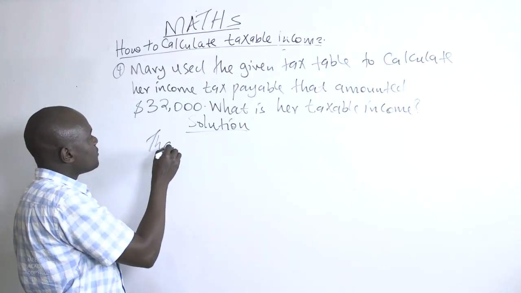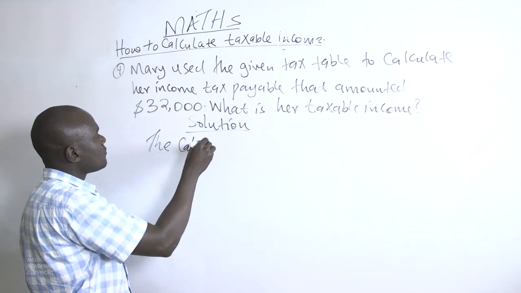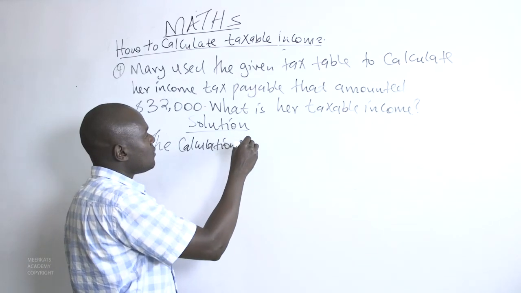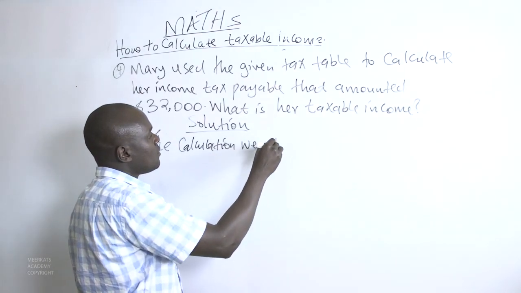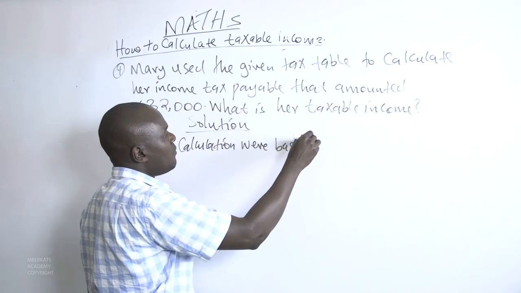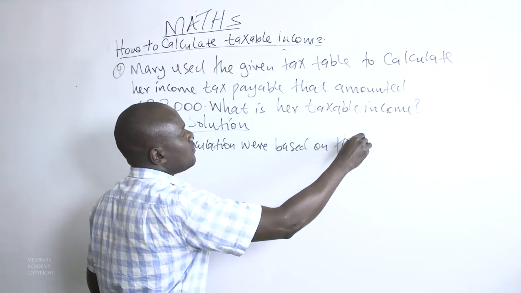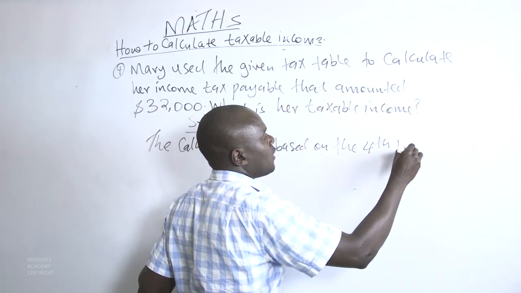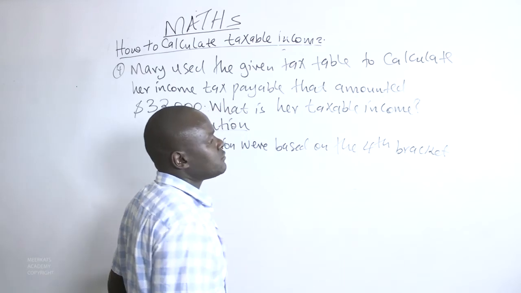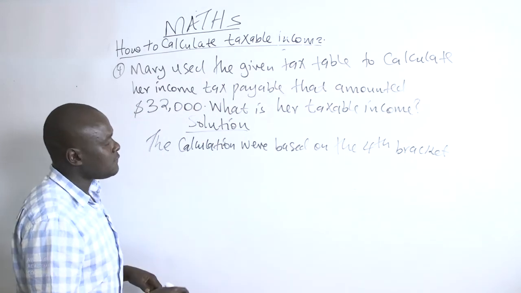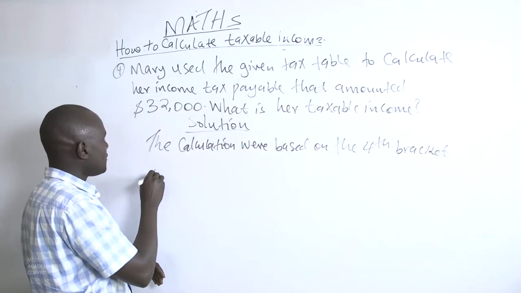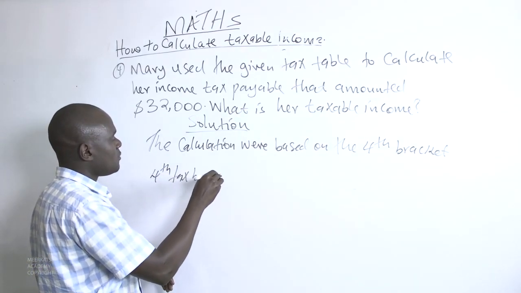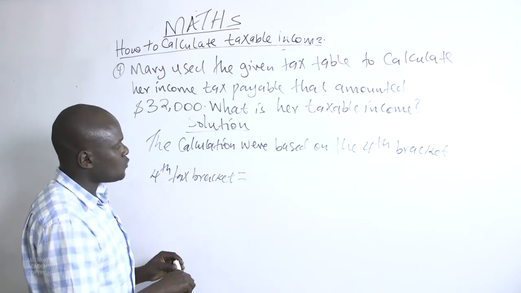So the calculations were based on the fourth tax bracket. And in the fourth tax bracket, what do we have?